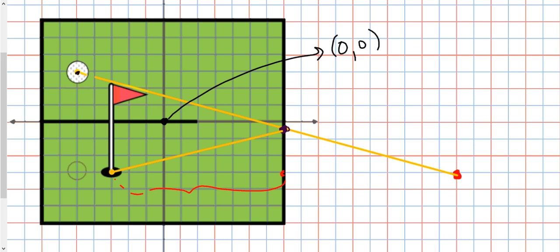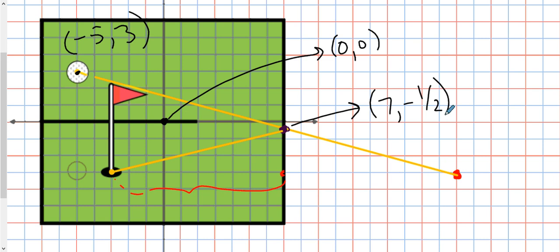The golf ball is located at, it looks like, (-5, 3). The point on the wall that it banks off of would be roughly (7, -1/2). Now, I'll be honest with you here.